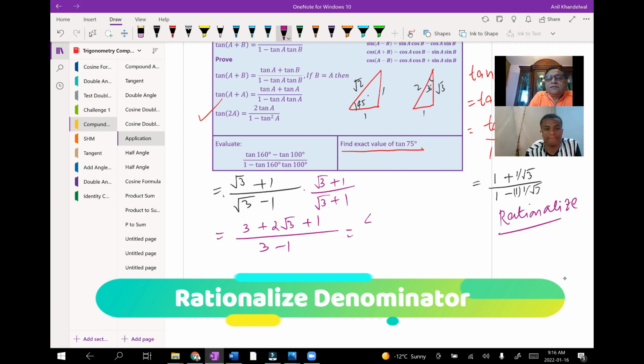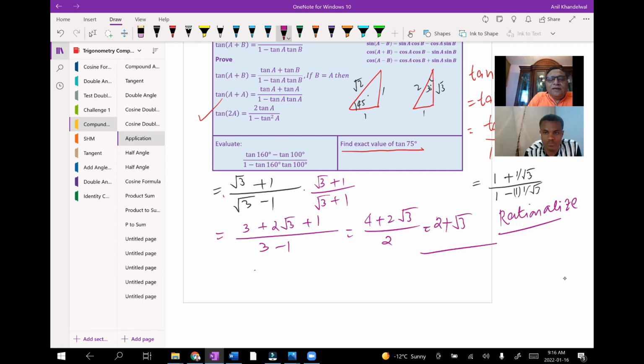You can now combine this as 4 plus 2 square root 3 over 2, and dividing by 2, you get 2 plus square root 3. Does it make sense to you? So we have used the compound angle formula in this case, and we have found the exact value of tan 75, which equals 2 plus square root 3. Correct? So that is one of our applications.